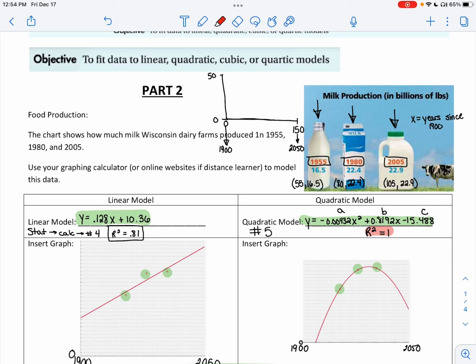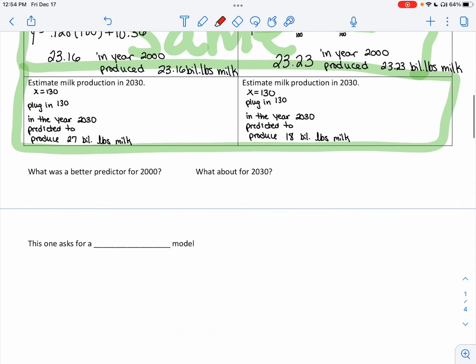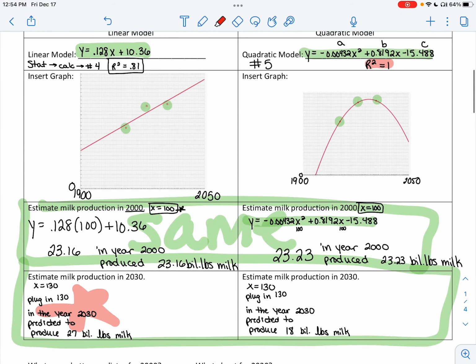So while the quadratic model might be a perfect fit overall with an equation, logistically speaking, for future predictions, I would have to give the edge to the linear model, even though it's at an 81 and the quadratic's at 100. So you need to be able to reason through this, and I'm going to say that the linear model, maybe for future values, is going to be better.